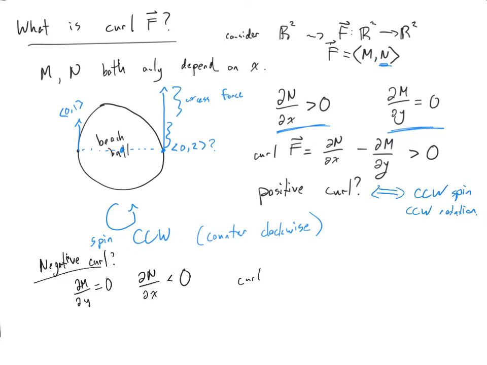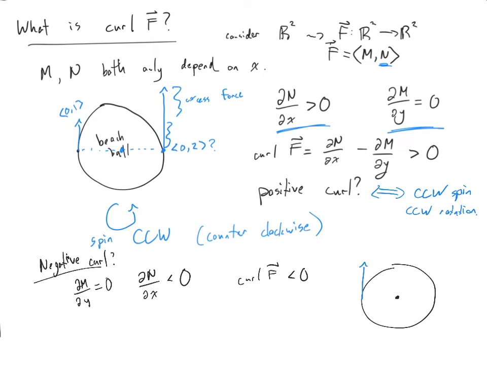Then we'll get curl less than 0. So if the curl is less than 0, what does the beach ball picture have to look like? I've got this beach ball, fixed around this axis in the middle. You can also imagine this is like a water wheel, spinning.